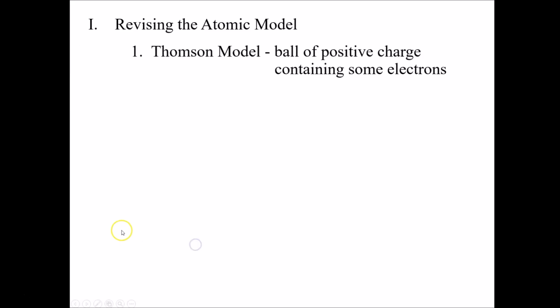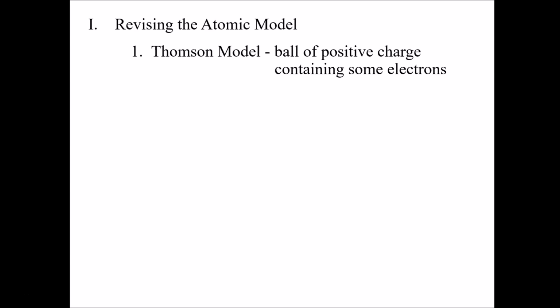And the very first one that really helped us come up with an idea of what the atom looks like is the J.J. Thomson experiment, where he was working with that cathode ray tube and the magnets. And he was holding up magnets to the cathode ray tube, and the ray inside of it was bending. And that led to the conclusion that atoms must have these negative parts to them. And that's where the idea of the electrons came from.